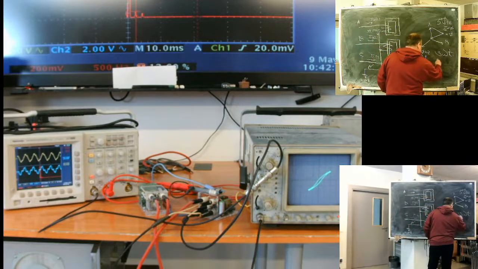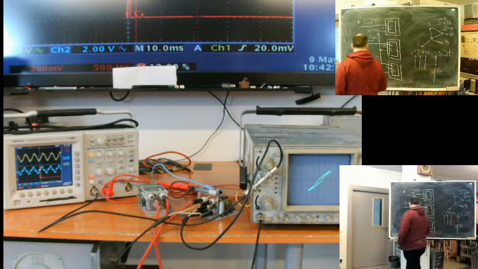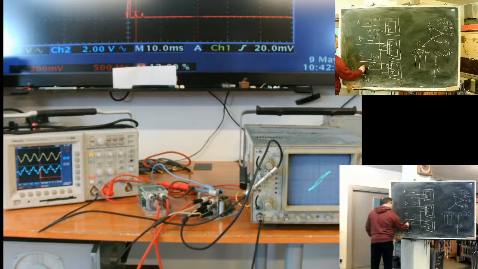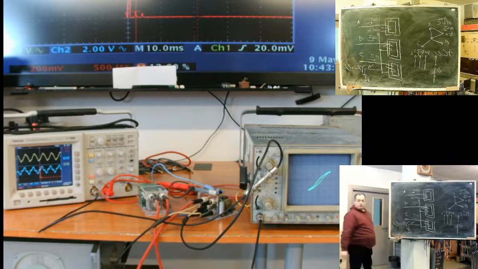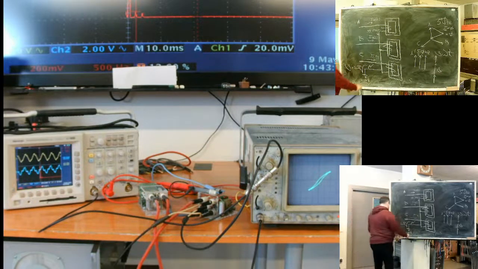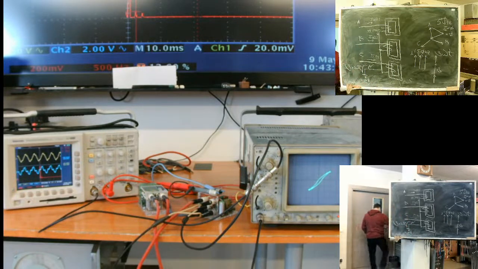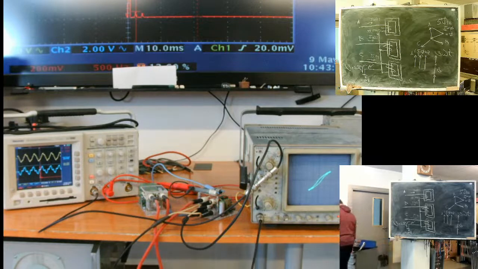And current should be triple. So theory says here we will see triple third harmonic current. It's strange. And definitely we need to test it. Is it true or not?